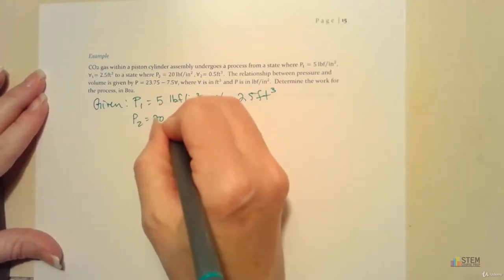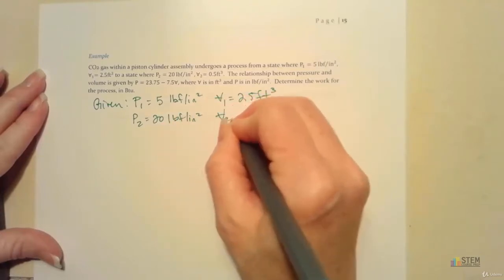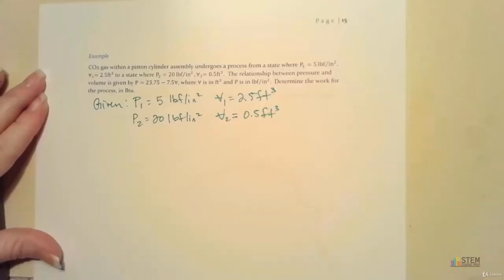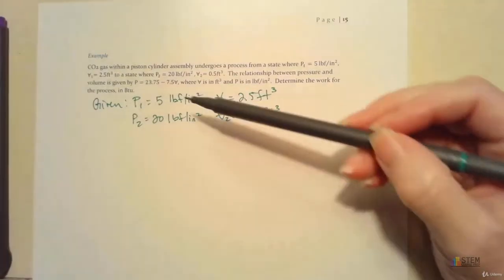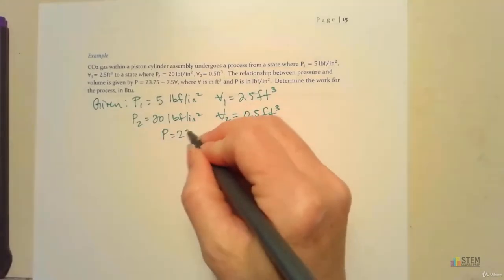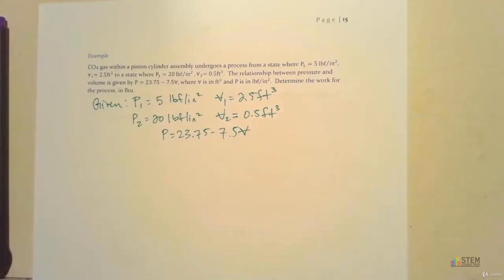So the pressure here is 20 psi, and volume is going to be 0.5 cubic feet. Okay? So this is what we've got, and then we've also got this relationship here, all right, between pressure and volume. So we want to make sure we make note of that. All right, so there is the expression.